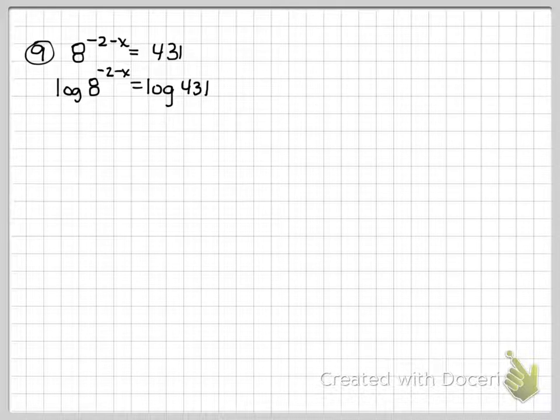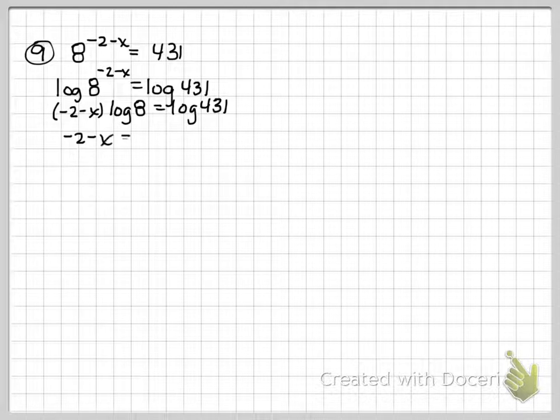Move out your exponent. So that exponent goes out in front. Divide by the log of 8 on both sides, and that gives me log of 431 over the log of 8.